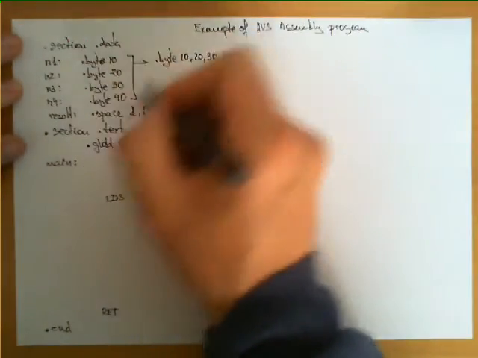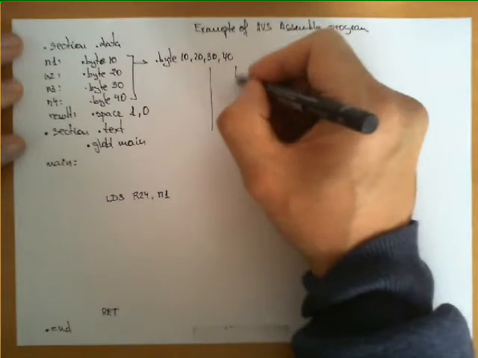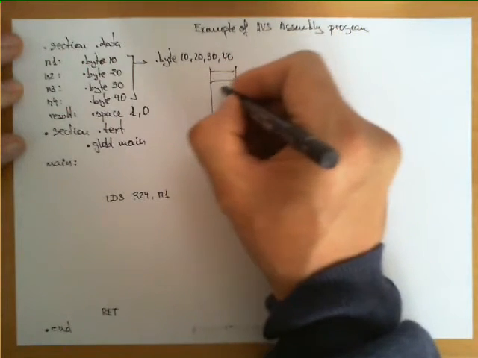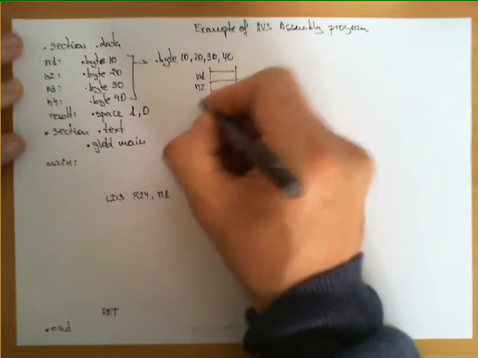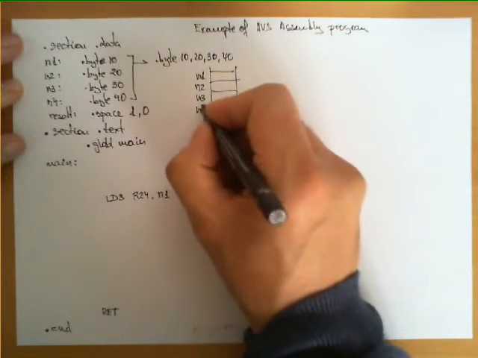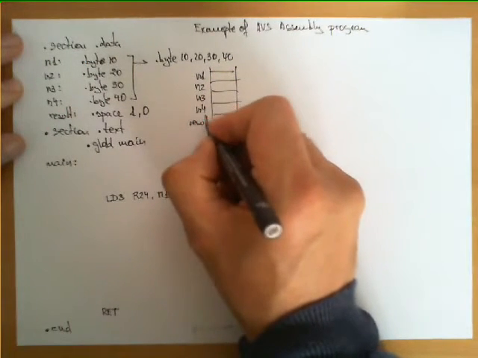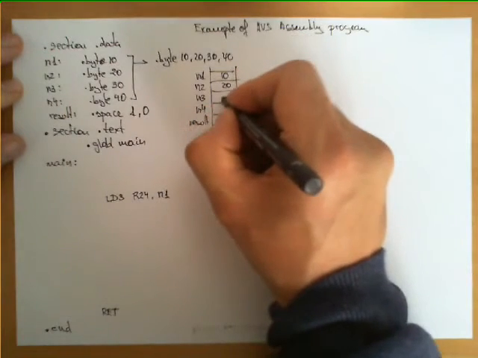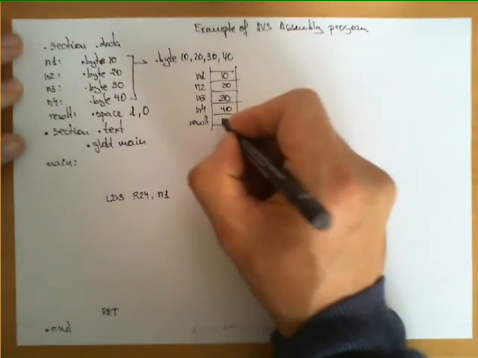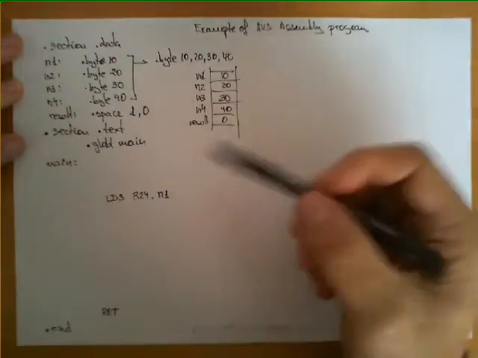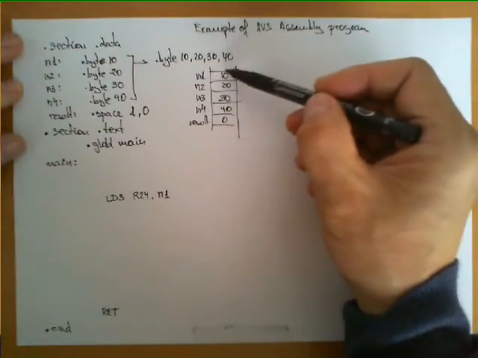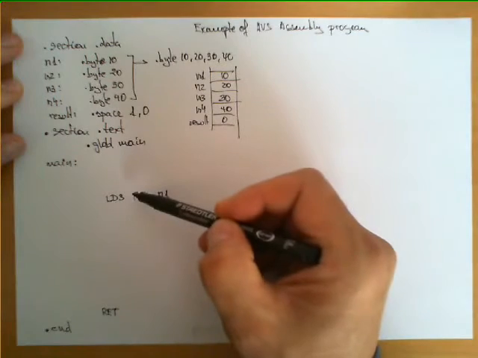Another way of looking at it, this directive translates in memory into something like this. This is position N1, N2, N3, N4, and result, and we have the values 10, 20, 30, and 40 here, and a 0 here waiting for the result to be stored. Now this instruction would take the value pointed to by N1, number 10, and load it into R24.